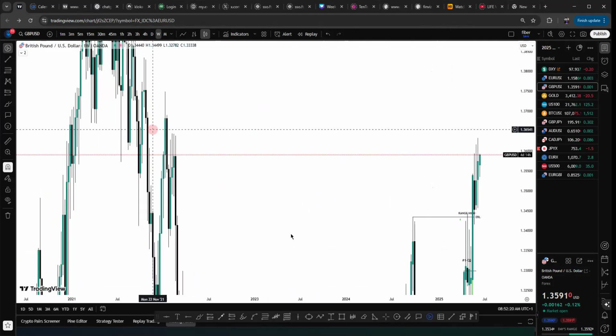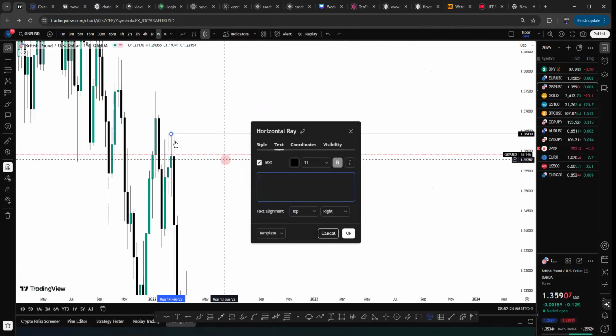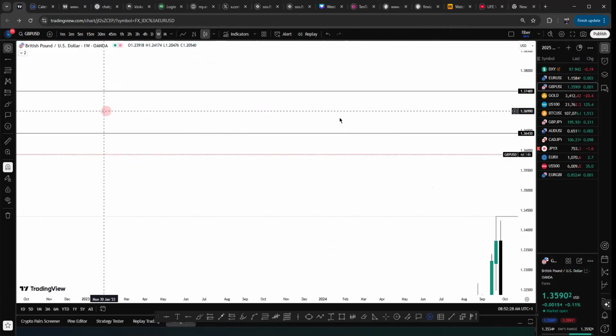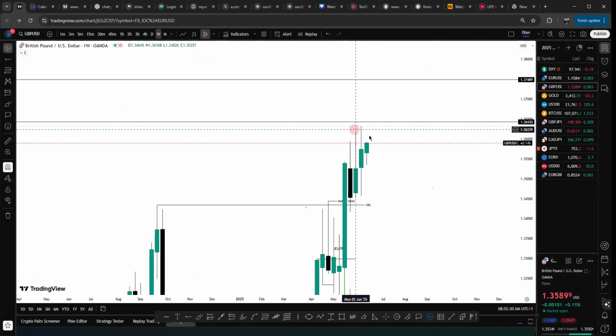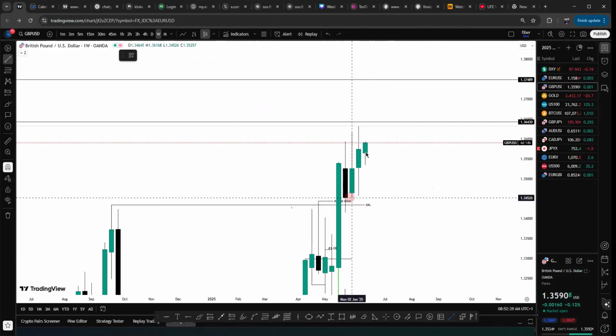All right. Now, GBP USD, I would love to see price take this high and even furthermore this one too. So which means that we have the previous weekly high to target right here. So price has been protecting previous weekly lows here, taking previous weekly highs, rejecting them as well.